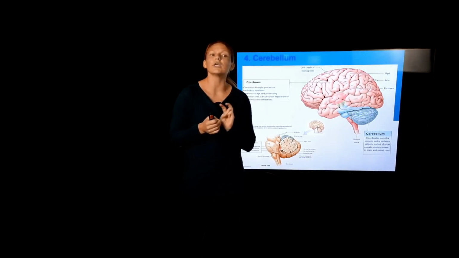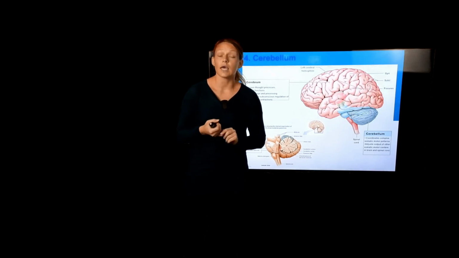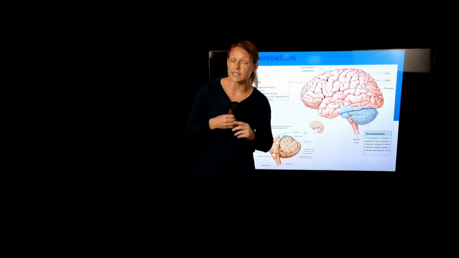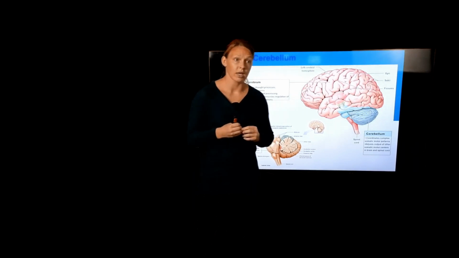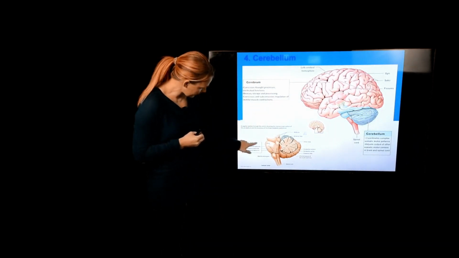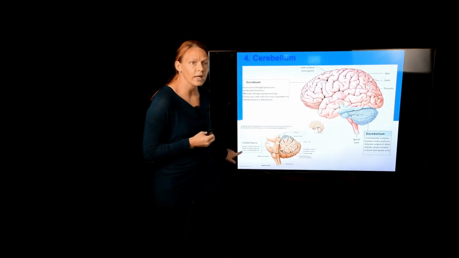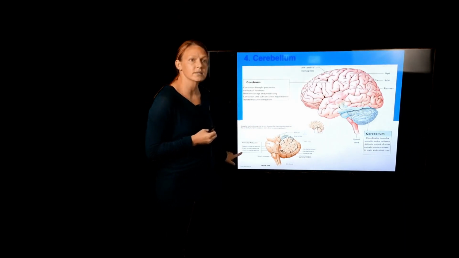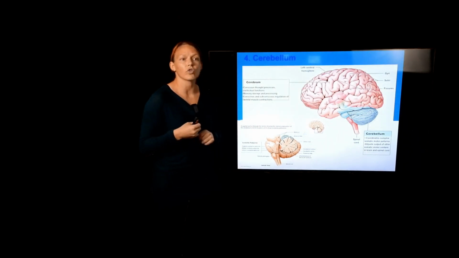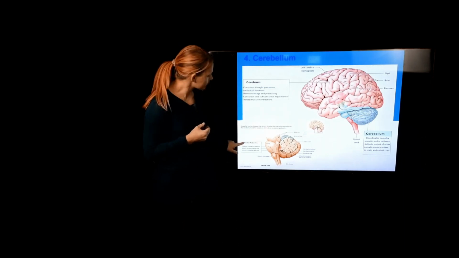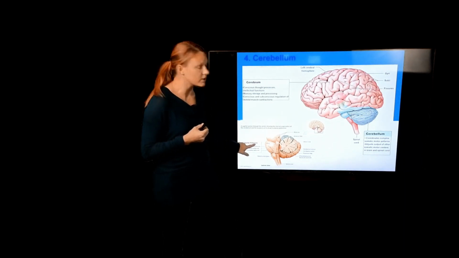And there are 3 paired fiber tracts, and these are really important because they're going to connect the cerebellum to the brainstem. And these tracts you can see right here, in this little box. So these are the 3 paired fiber tracts. They're called cerebellar peduncles.